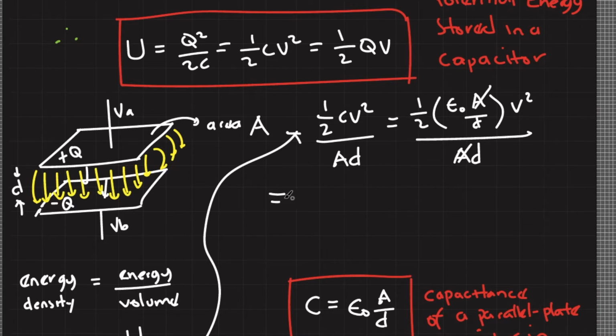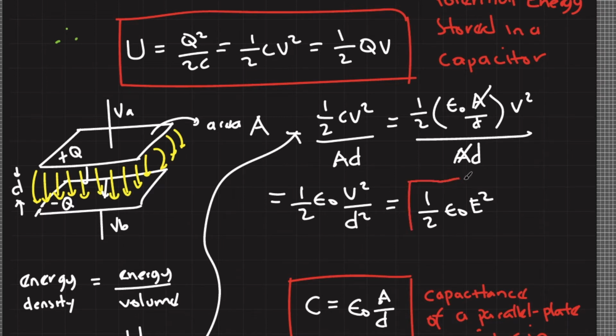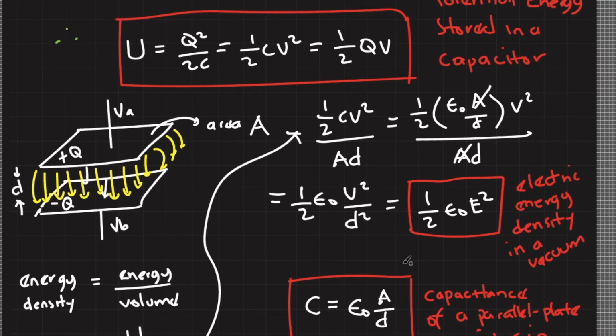So this is equal to 1/2 epsilon naught V squared over D squared. And we know that V equals uniform electric field times displacement. So this is equal to 1/2 epsilon naught E squared. We now derive the electric energy density of a capacitor in a vacuum, and we can represent it with small u.